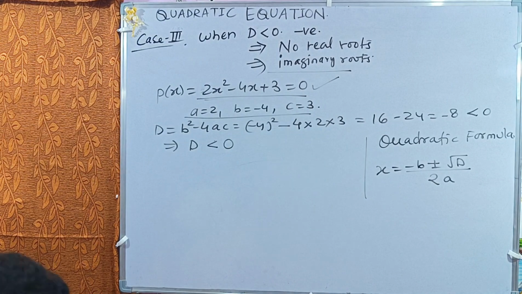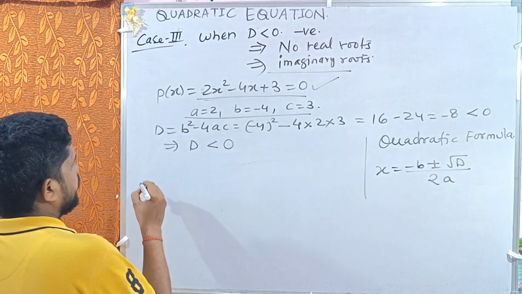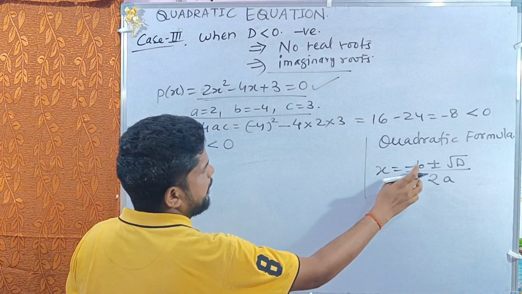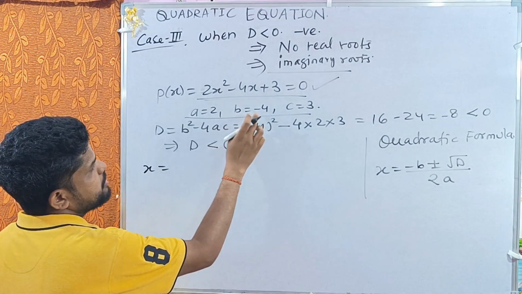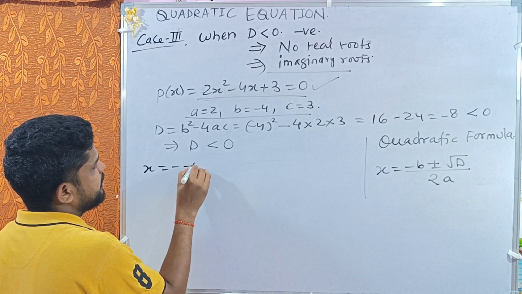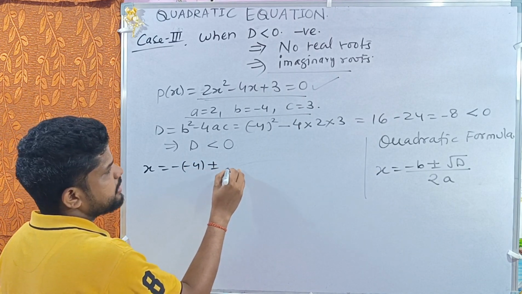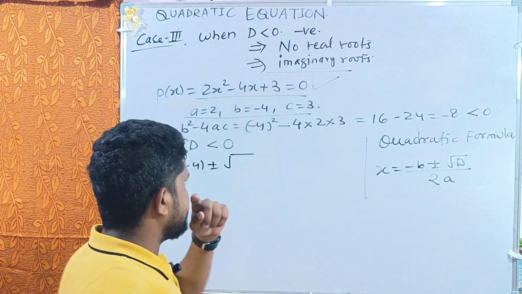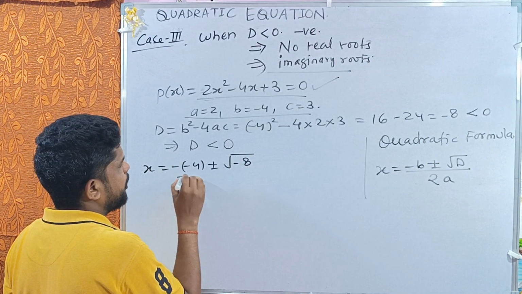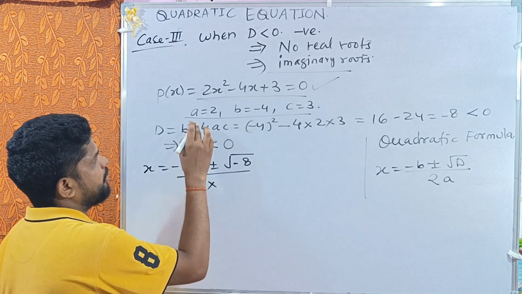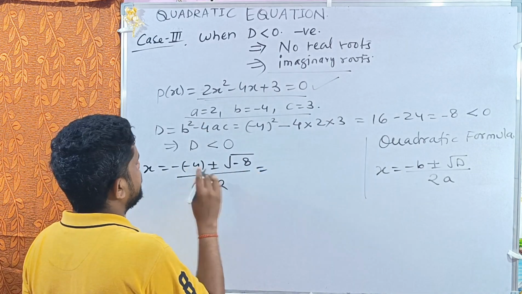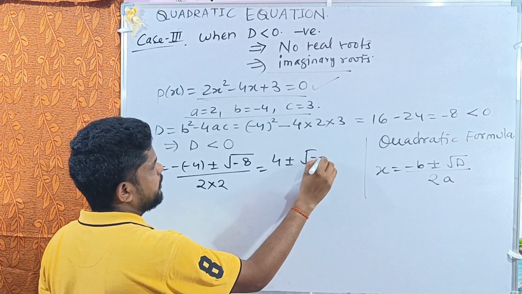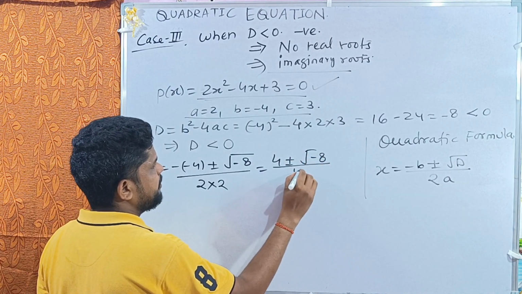So here, x equals minus b, and the value of b is minus 4, so it will be 4 plus minus under root of the discriminant. The value of D we have got is minus 8, upon 2 into a, and the value of a is 2. So this will be 4 plus minus under root minus 8 divided by 4.